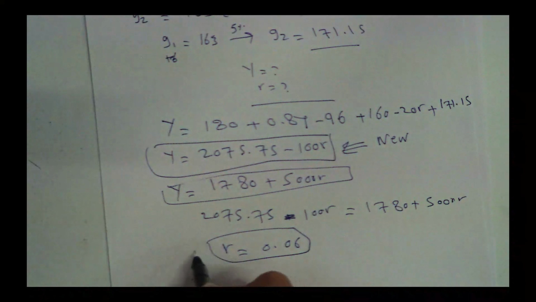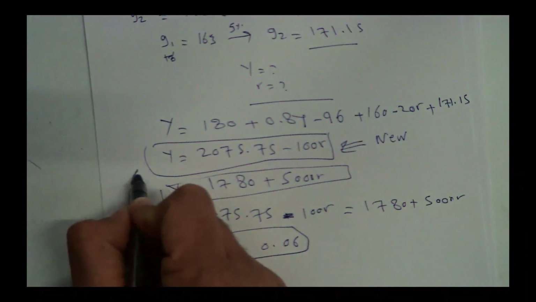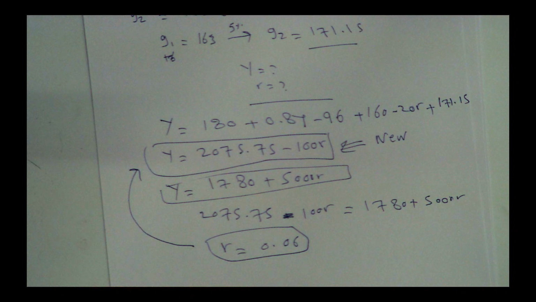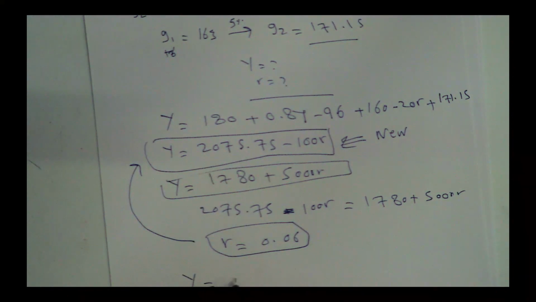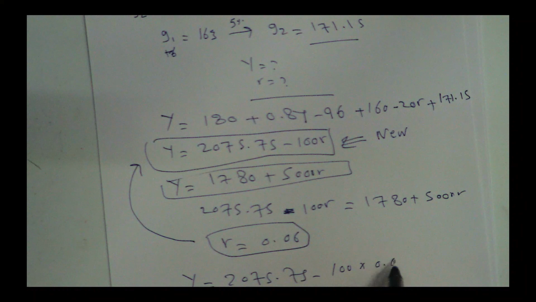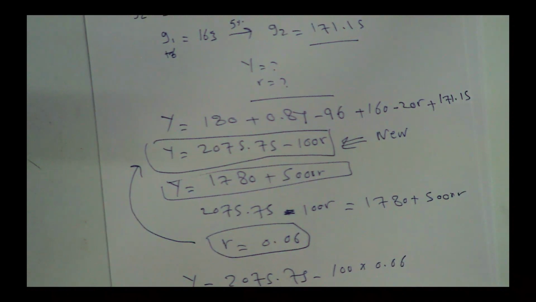Once you get this, you can just plug this into any of these two equations. The first one or the second one is not going to make any difference. So that means Y, I'm using the first one, 2075.75 minus 100 times 0.06. And from here, Y will be 2069.95, something.